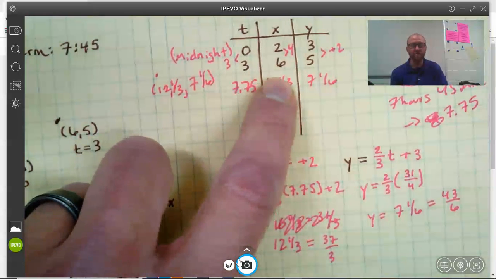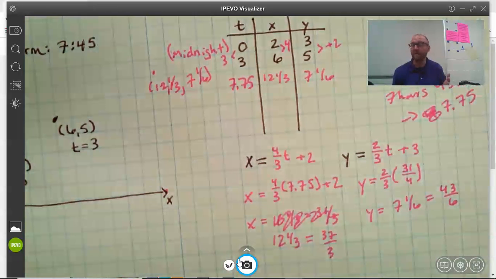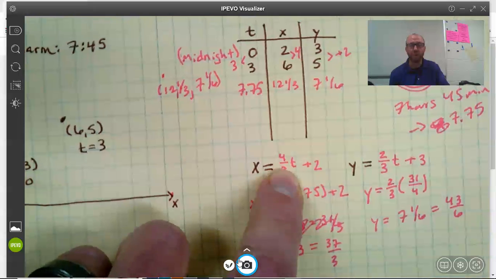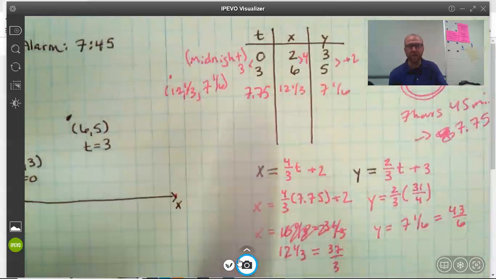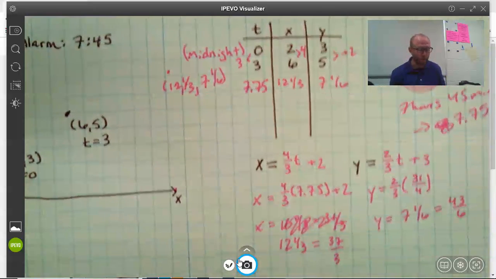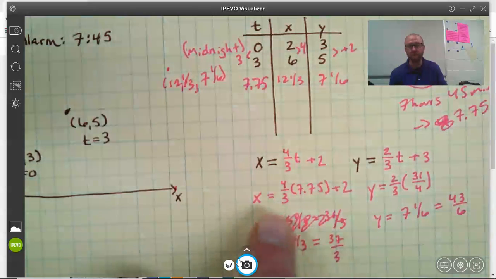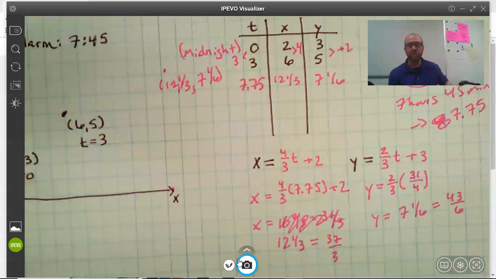So what's the change in x with respect to t and the change in y with respect to t, which is kind of like a slope calculation. That told us what our initial rule was, or kind of our starting point rule, but that always has to be adjusted by either adding or subtracting to give us what our actual outputs are. Once we knew the two rules, we just had to turn 7:45 into a decimal or fraction, and then plug that in for a time and output our location in separate x and y coordinates. And that's where the bug will be at 7:45.